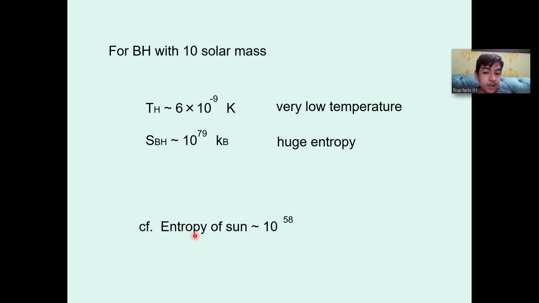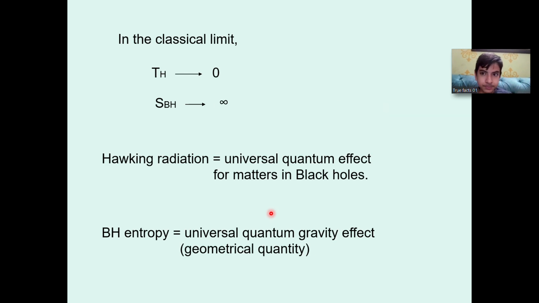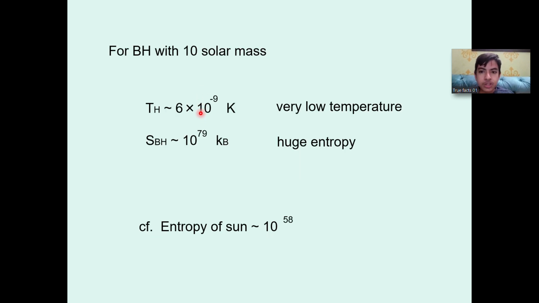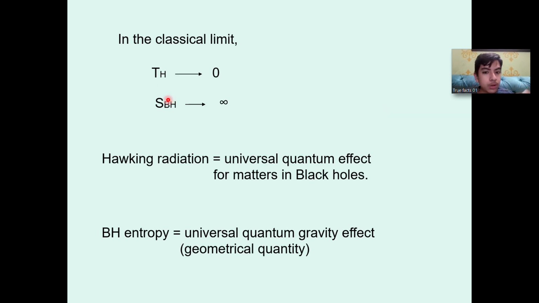For example, the entropy of the Sun is 10 to the power 58. So you can compare the differences between both of them. The classical limit for T_H is 0, whereas the entropy for the black hole is infinite, which means the temperature cannot be more than 0, but the black hole entropy can go till infinity.